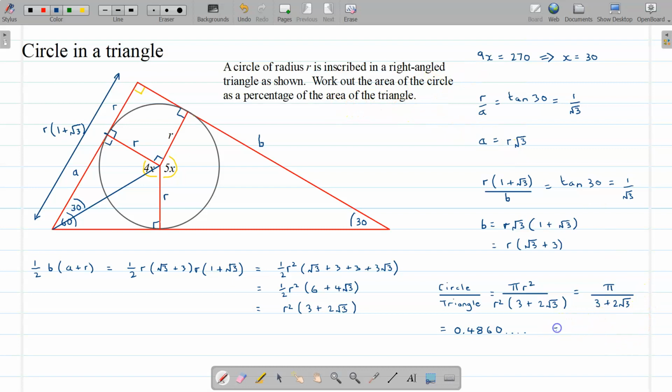So that's simply 48.6% to 3 significant figures. So it is indeed just under half the area of the triangle. And that is the answer to the problem.